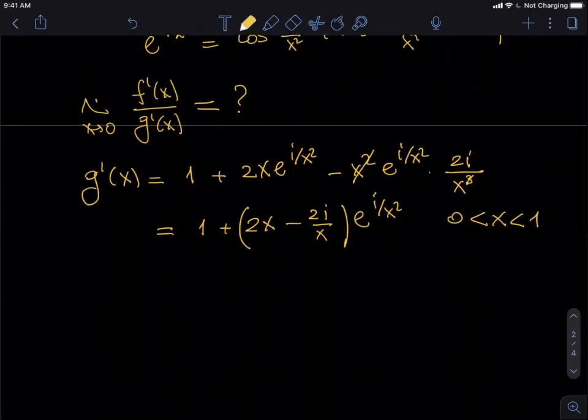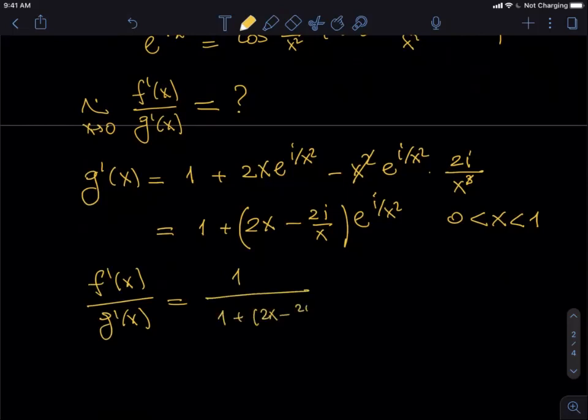So what is the limit as x tends to 0 here? We need to look at the quotient f prime of x divided by g prime of x, which is 1 divided by 1 plus 2x minus 2i over x times the exponential of i over x squared.